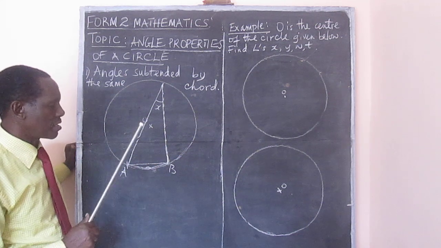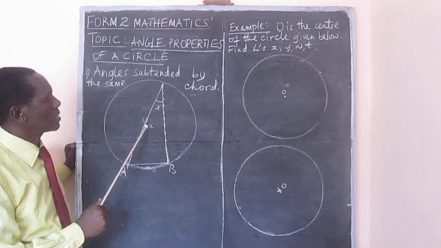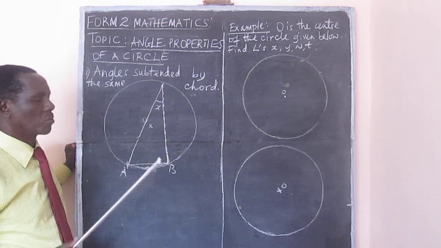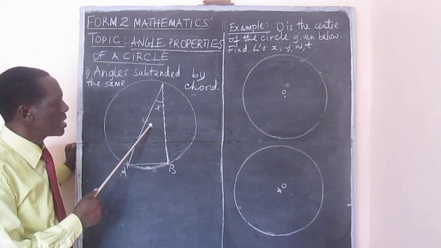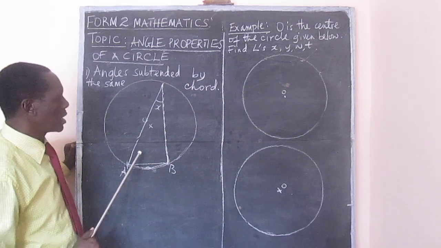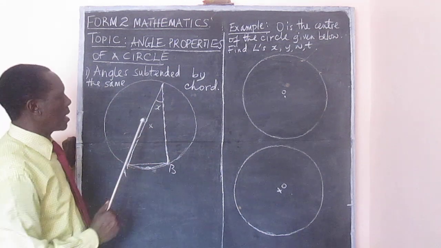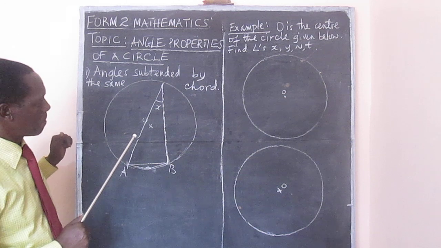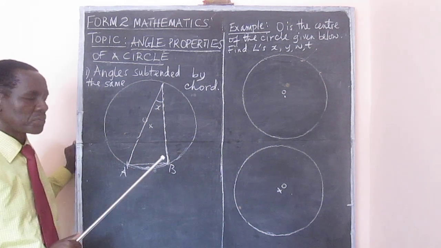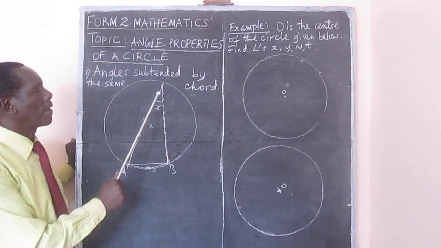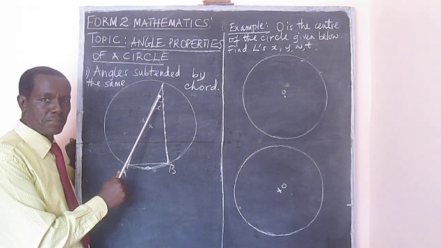So I would like you to do the same in your book. Construct a circle, mark those 2 points, maybe the same radius, like that, and make that chord to subtend the angle on the circumference. Then measure that angle. If you have used the radius like I did, you will get 30 degrees.